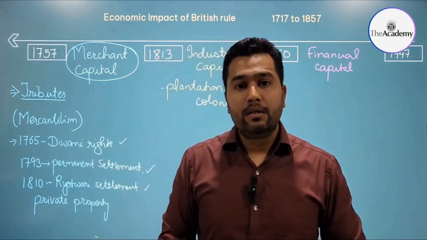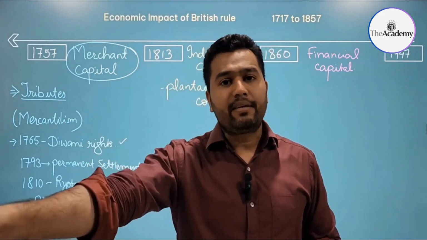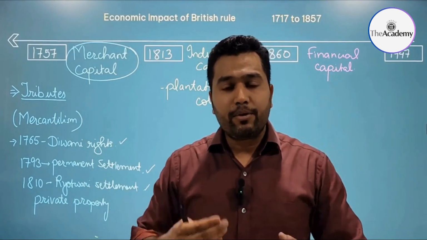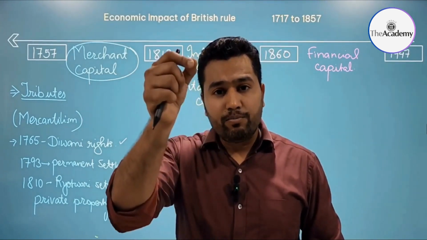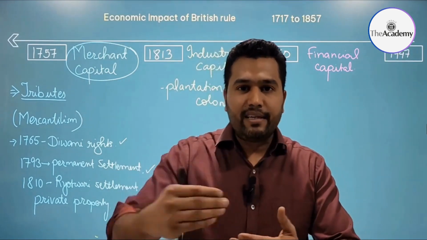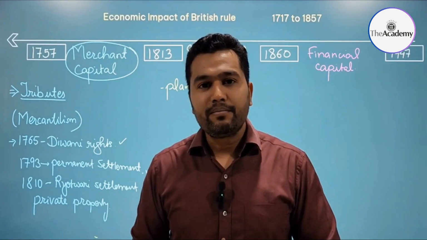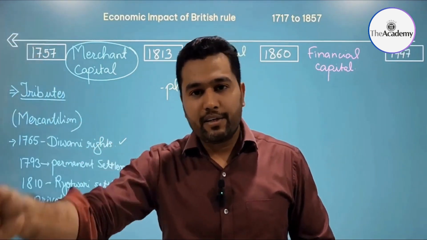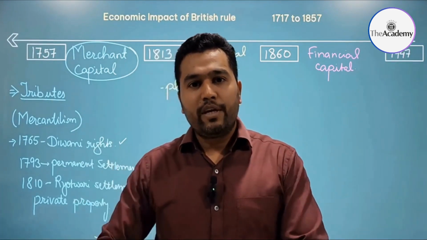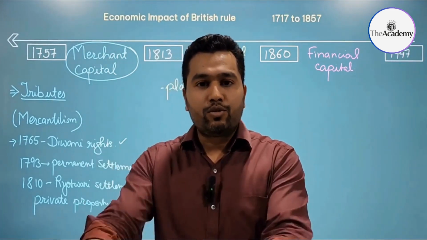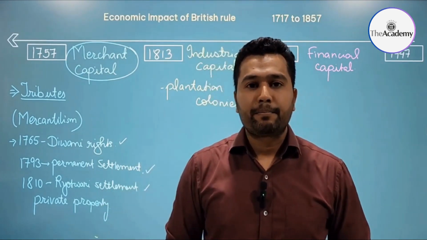And moreover, the plantation colonies did not pay them the market rate for whatever produce was realized. They were paid a price which was below the market rate. So advances were given, and this advance was below the market rate. Whenever the market rate was low, at that point of time the agreement was arrived at and the advance was given. So the peasant was forced to grow that particular cash crop at that particular market rate.